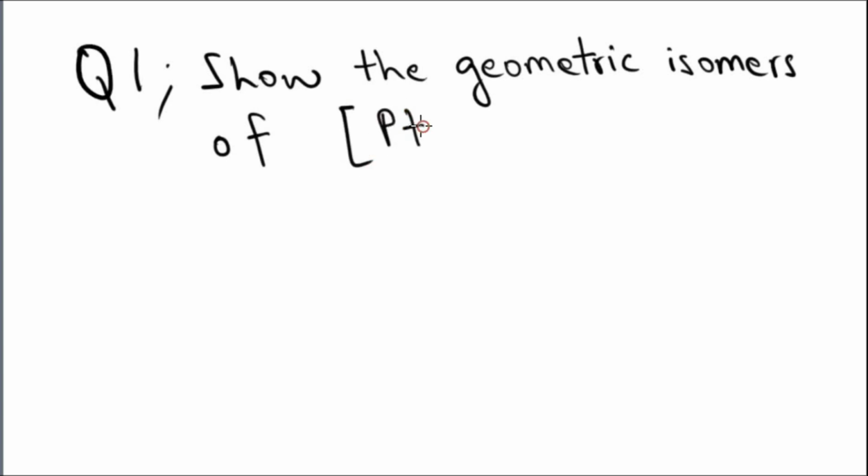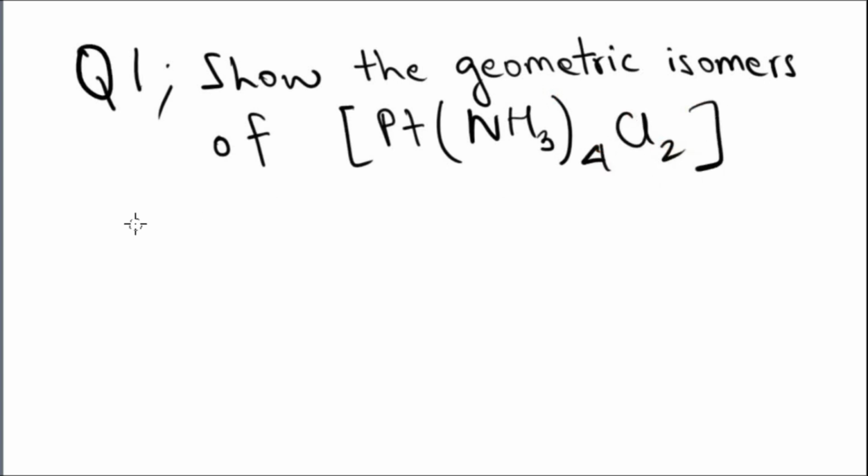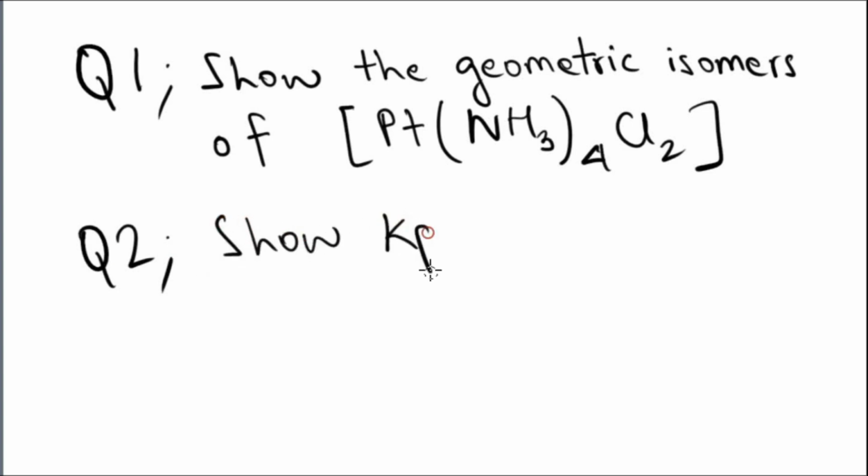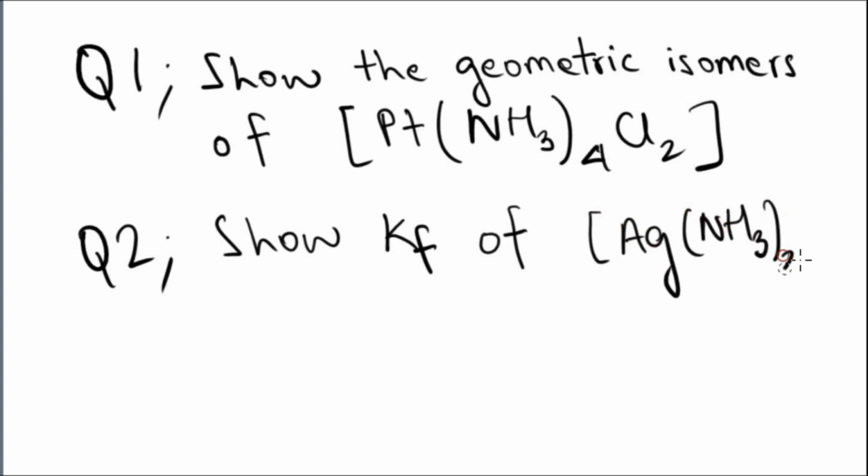It is an octahedral one, which has 6 ligands. The second question will be about the constants. I will give you a coordination compound. Again, you have to show me the reaction of dissociation or formation and the equation with regards to the stability constant, which was Kf.